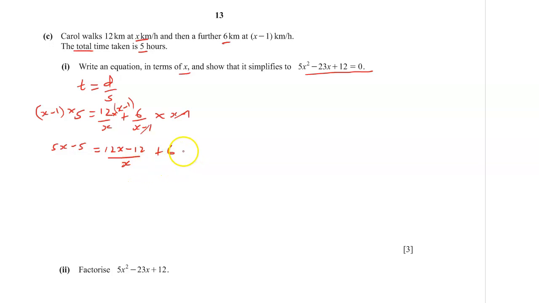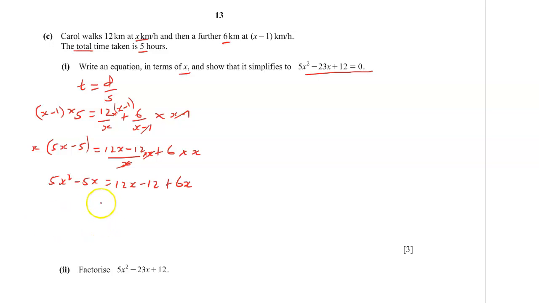So we multiply again by 6x, by x. So this becomes 5x squared minus 5x is equal to, this will cancel, 12x minus 12 plus 6x.